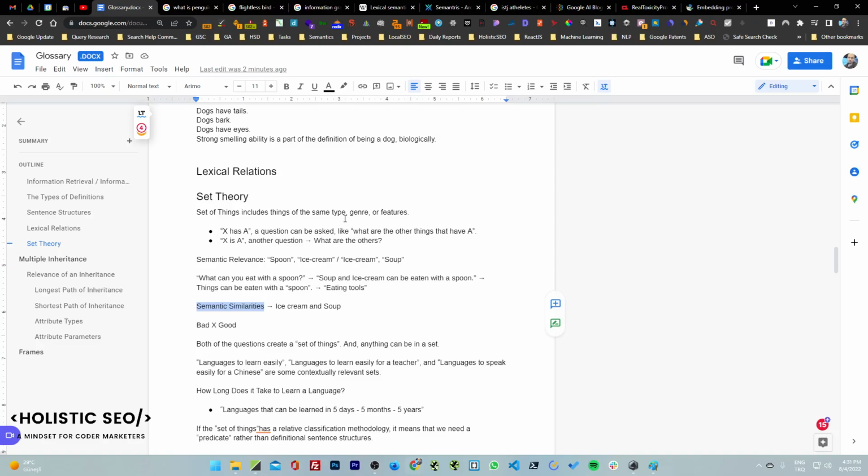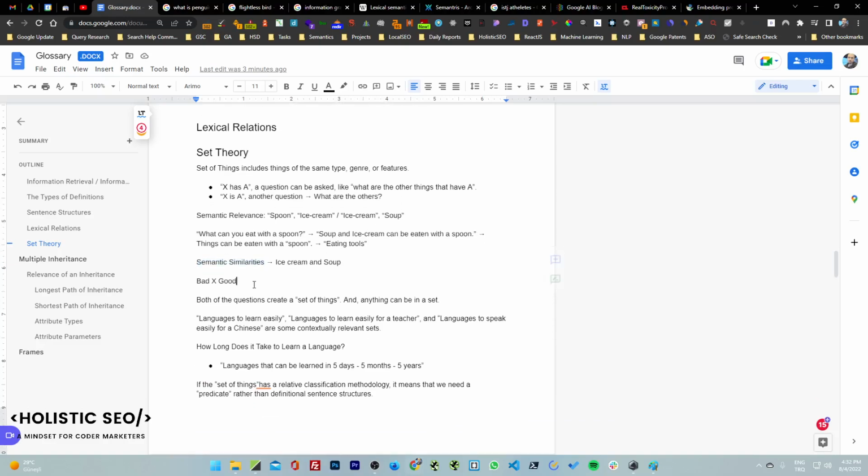In some language models, they call these things semantic noise, because you can find two different words that always appear together but might not be similar. And again, you can find two different words that always appear together but might not be relevant at the same time. To understand whether they are relevant or similar, you will need to use certain types of semantic similarity algorithms or semantic relevance algorithms.